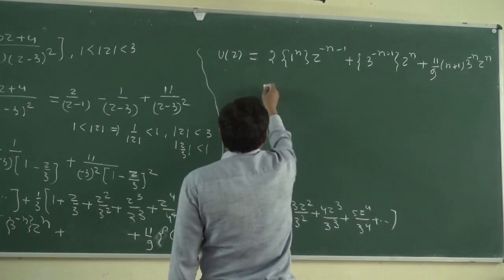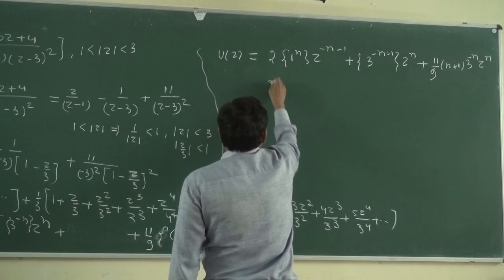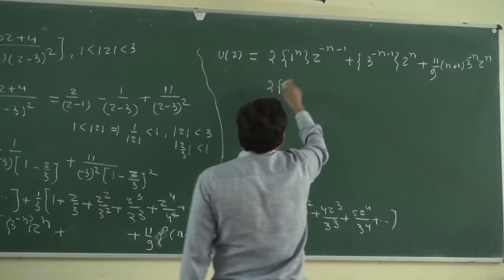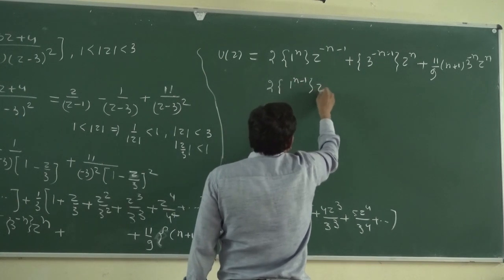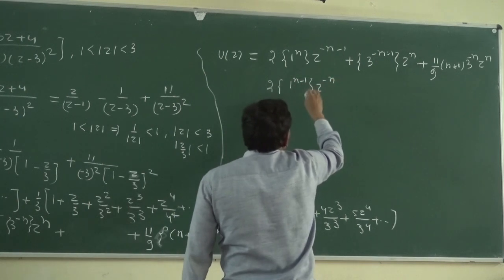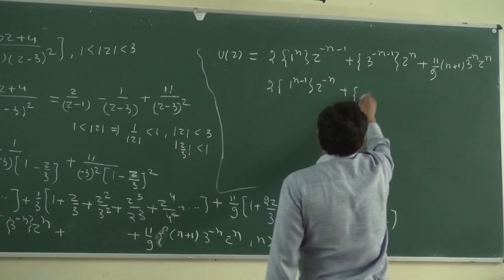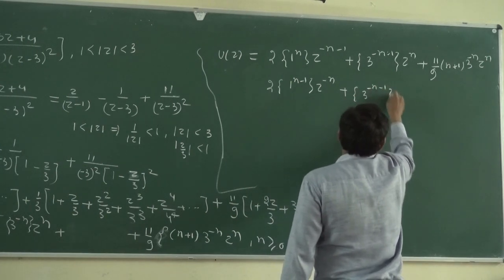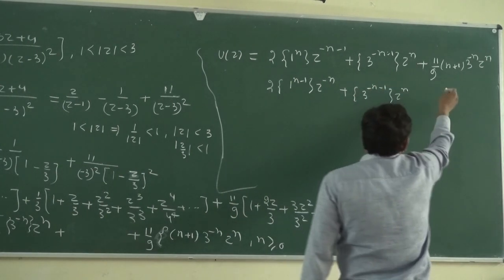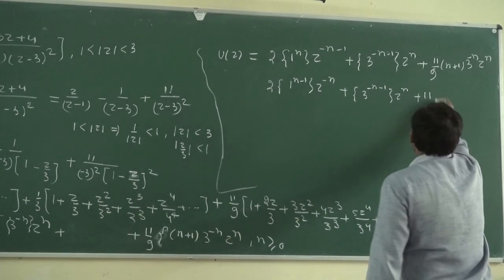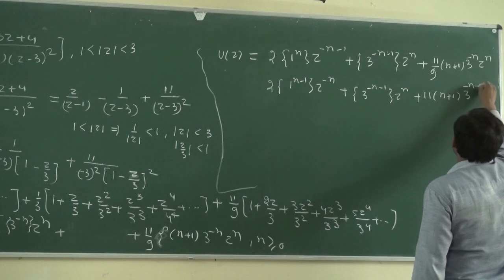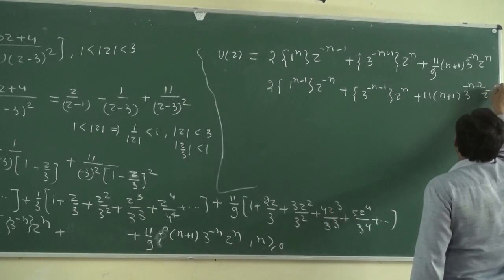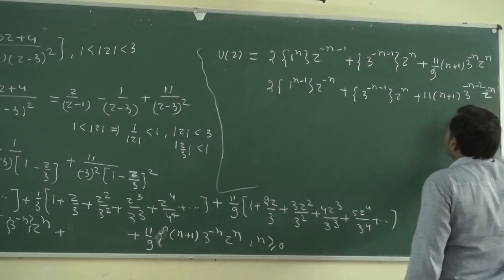Or simply write 2 z replaced by z minus 1, 1 to the power n minus 1, z to the power minus n, plus 3 to the power minus n minus 1, z to the power n, and 11 times n plus 1, 3 to the power minus n minus 2, z to the power n.